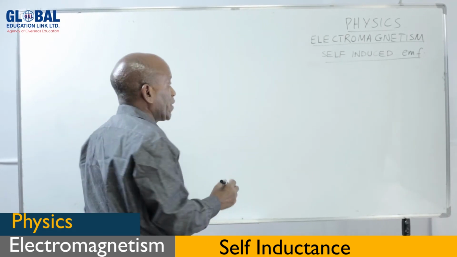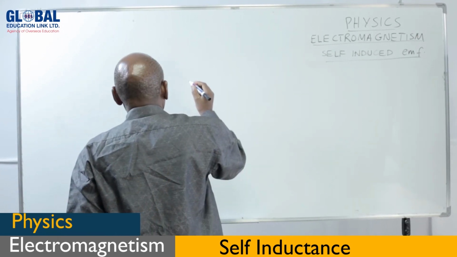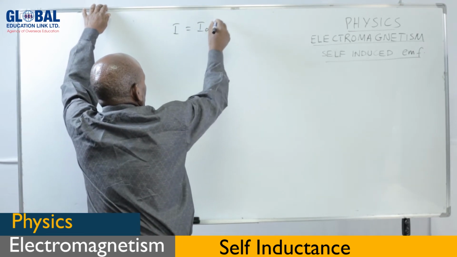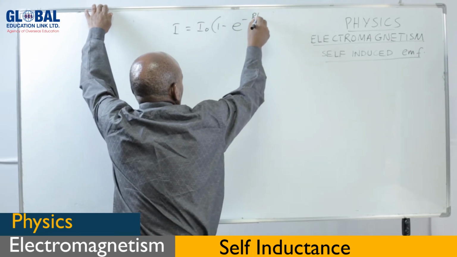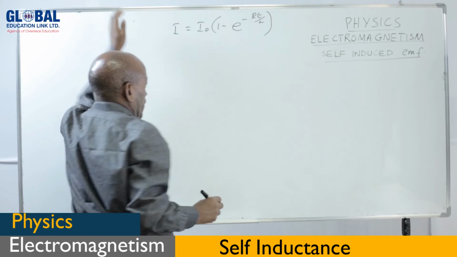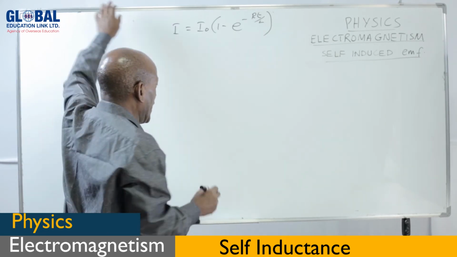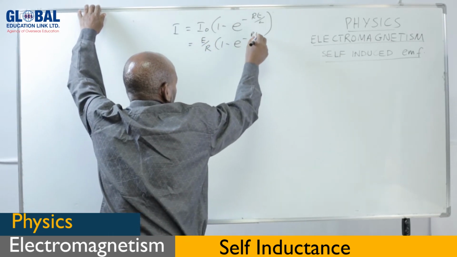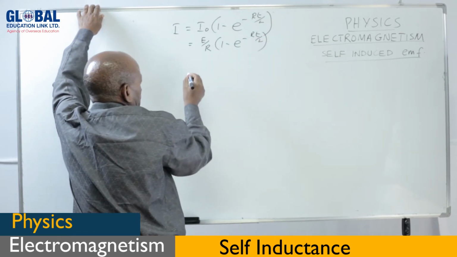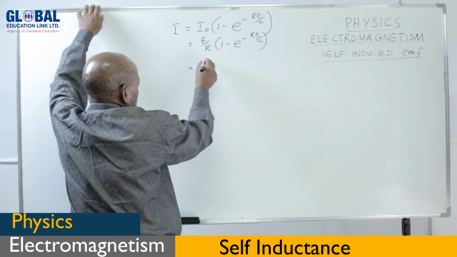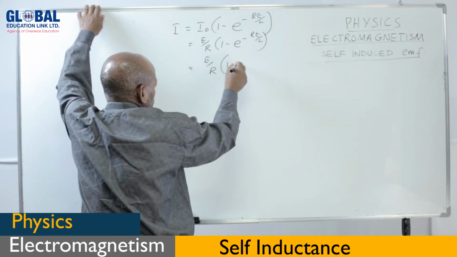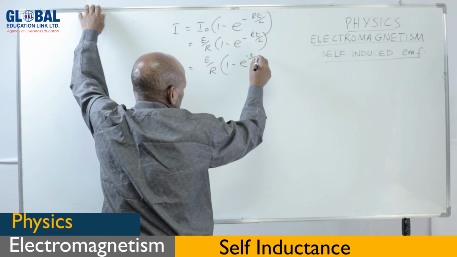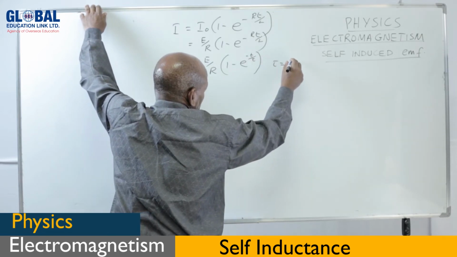We are using the same expression, that the current I is equal to I naught into 1 minus e to the power minus Rt over L. This is our basic equation, where I naught is equal to E over R. As we have said previously, this becomes 1 minus e to the power minus t over tau, an inductive time constant, where tau is equal to L over R.